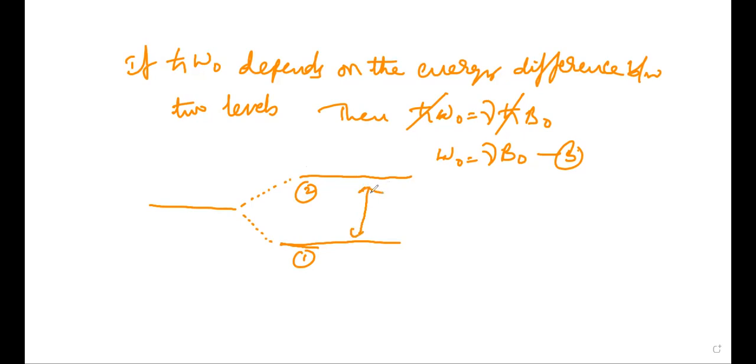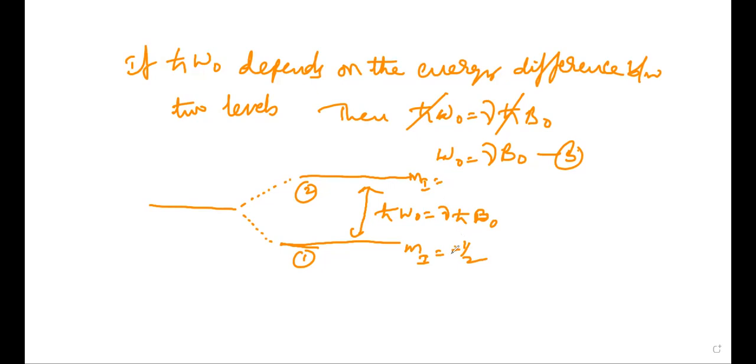This is the gap between these two lines, that is h cross omega naught, which is equal to nu h cross B naught. Here Mi is equal to minus 1 by 2, and here Mi is equal to plus 1 by 2.